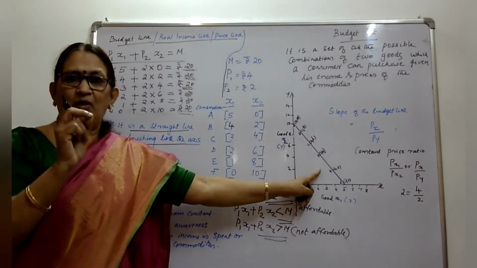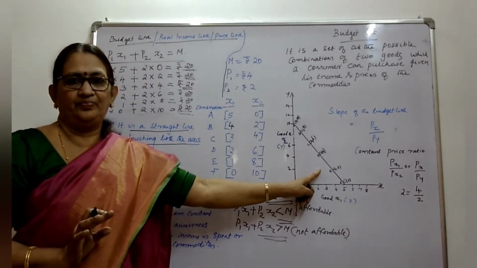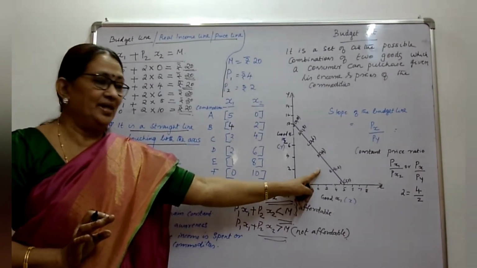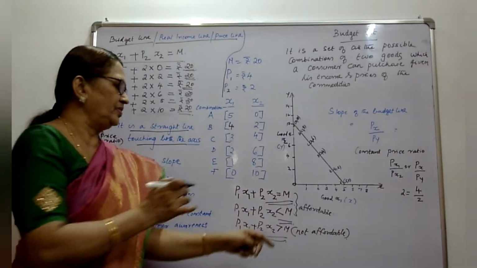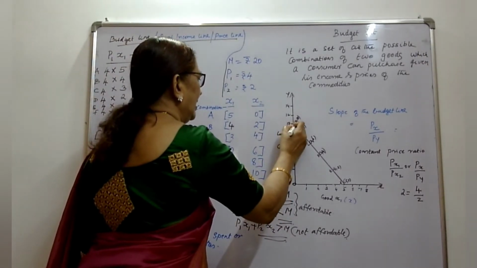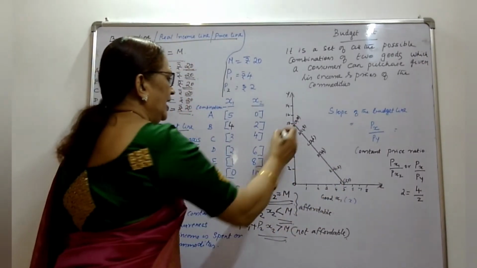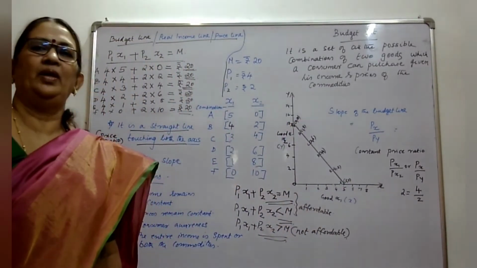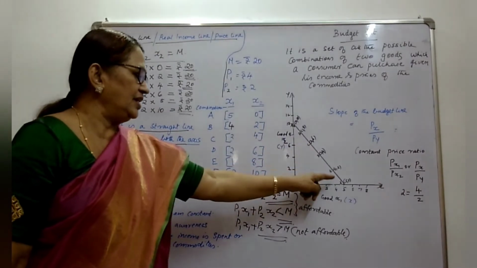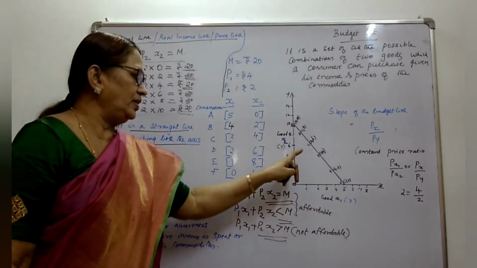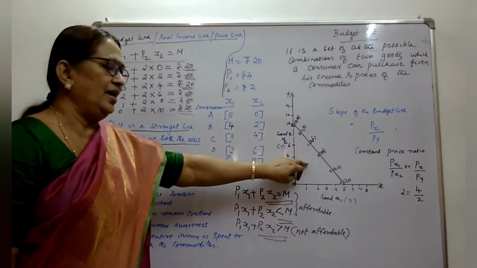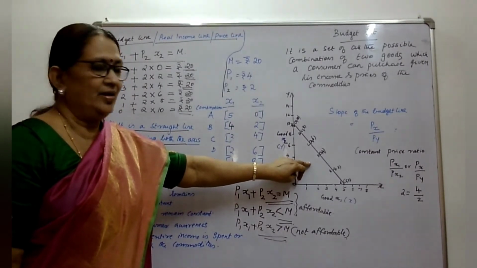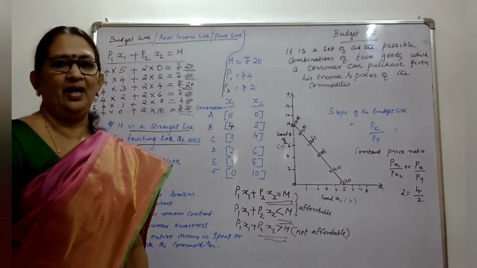Any point beyond that is unaffordable. Any point inside O, A, F is affordable, because if this is equal to income, all the bundles that come inside will be less than income. Any bundle beyond this line will be more than income.